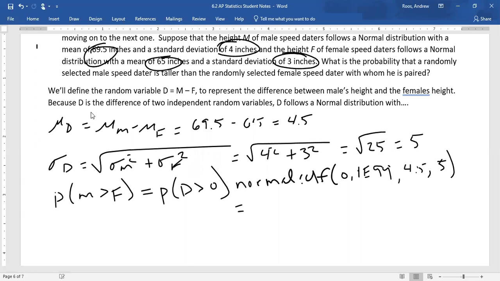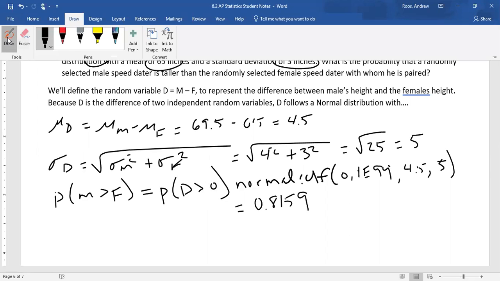From that, we should get 0.8159. Again, you could take this mean, this standard deviation, and this data value, get the z-score, and use Table A, either way.